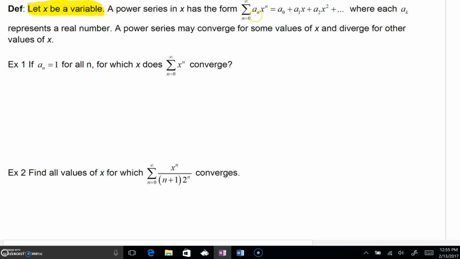So a power series in x now has this additional form that you'll have a sub n, a formula that you've been seeing all along. But now you're going to throw powers of x into the mix.